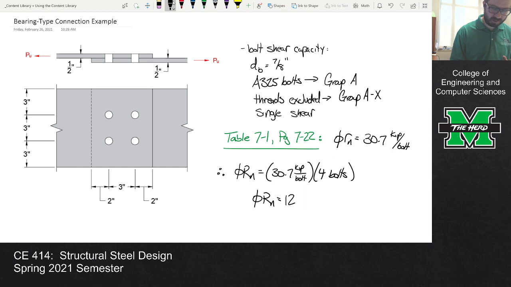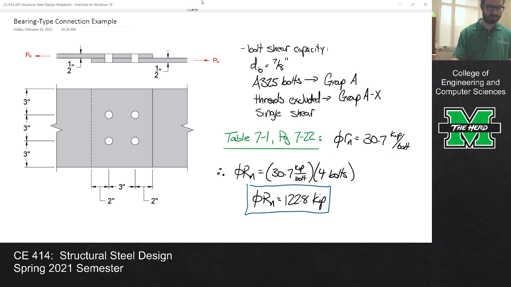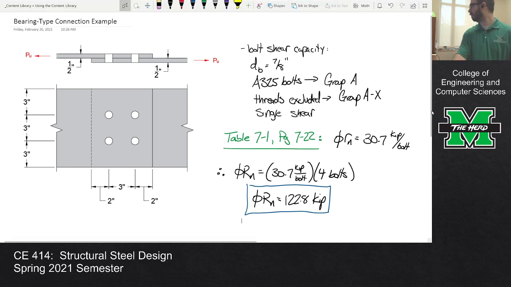So 122.8. Okay. And that is one limit state. I don't know if that's the answer because I have to do bolt bearing. But that is the amount of load that is required to shear those bolts. Everybody good? All right, I'm going to assume yes.